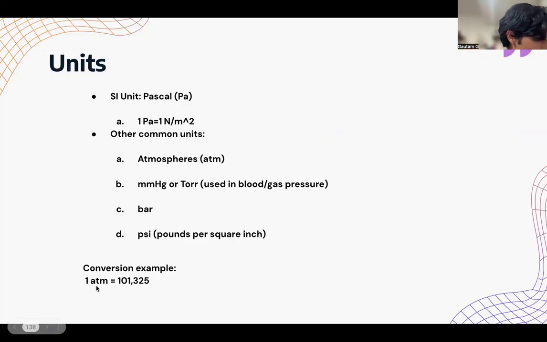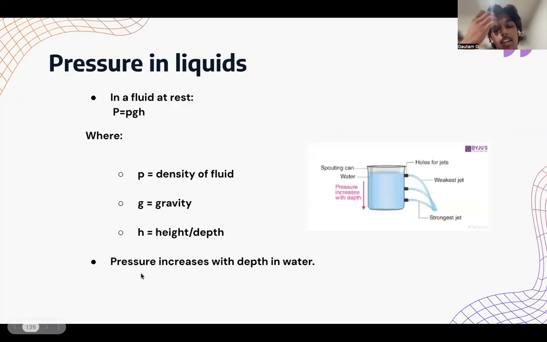This is a fun fact: 1 atmosphere is equal to 101,325 pascals. And in liquids, the pressure is equal to the density times gravity times the height, or the depth.